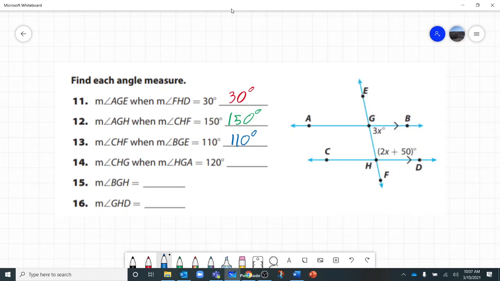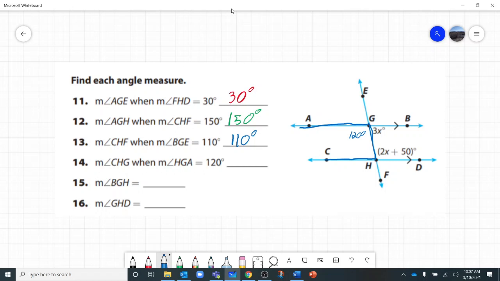Okay, CHG. We know that HGA, this interior one right here, is 120 degrees. And we're looking for CHG, the other angle inside. If they're the same side interior angles, they need to add up to 180 degrees.